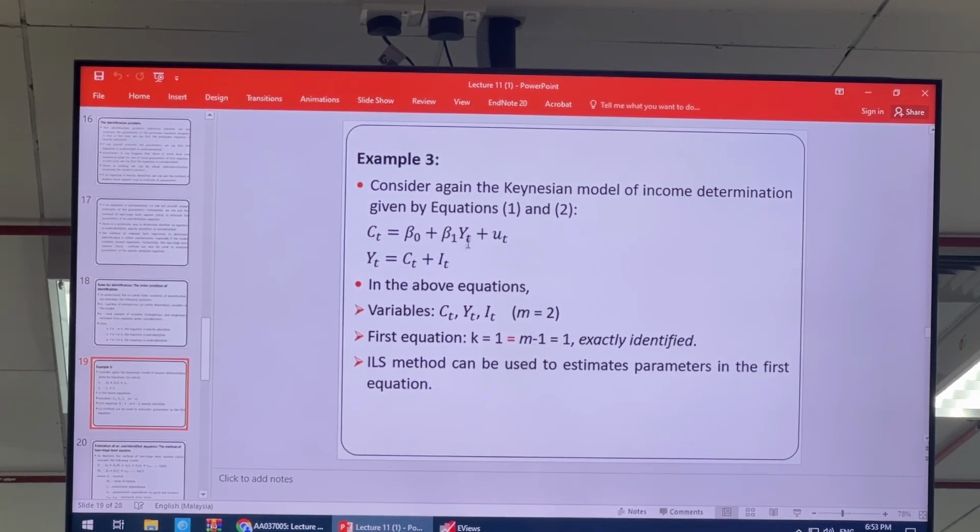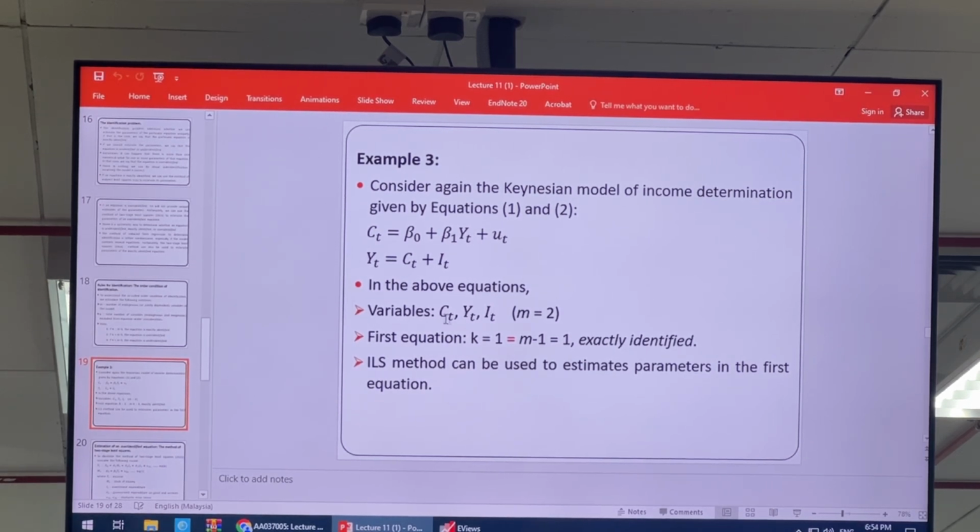For the whole system of equations, how many variables do we have? We have C, Y, and I. So in total we have 3 variables in all equations: CT, YT, and IT.